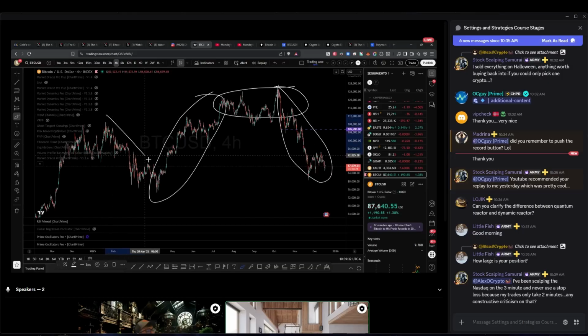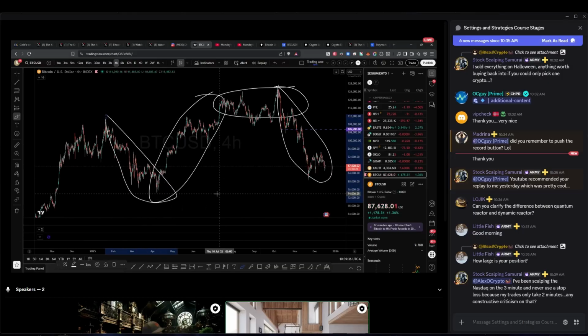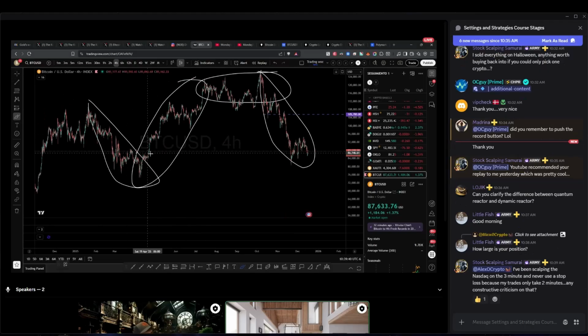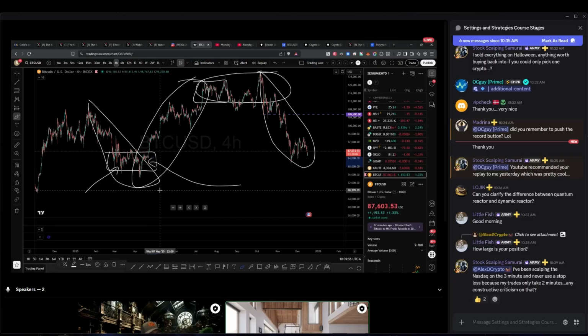I want you to notice, especially if you are a beginner, that in most cases you have transition zones, which are ranges at the bottom and ranges at the top in the transition from one trend to another. This is where newbie traders get crazy, and then they get wrecked.